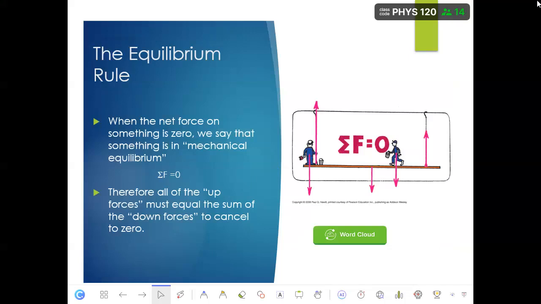There are strings, two strings. They are trying to hold these two people and the level.